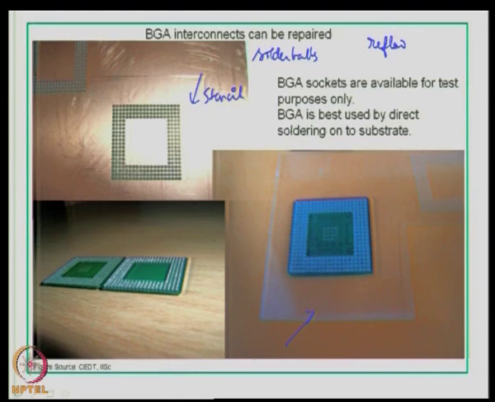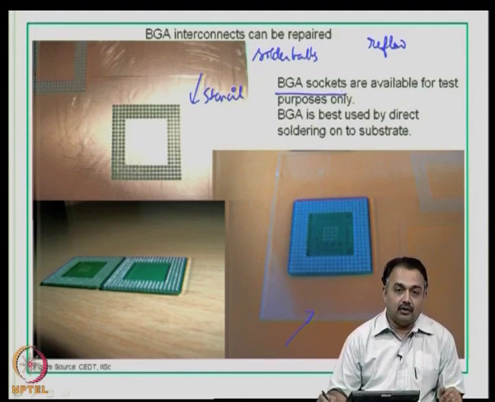Now, you could ask me a question, why can't we use BGA sockets as we are using for a DIP package or a QFP package?